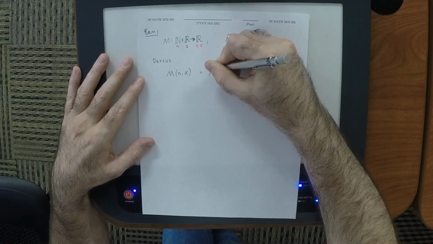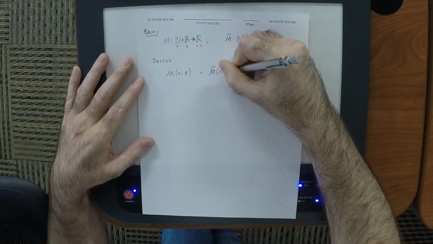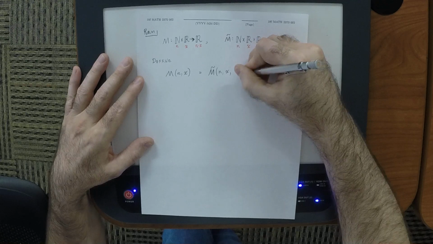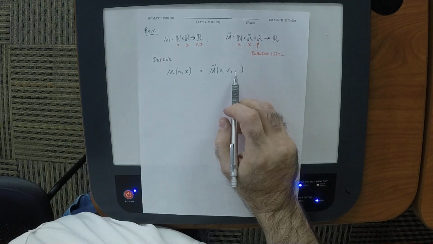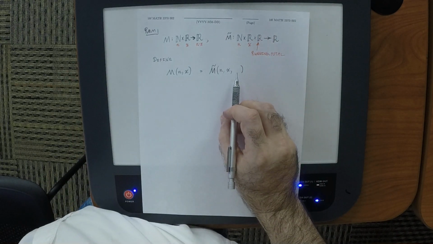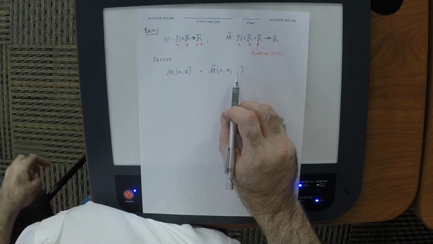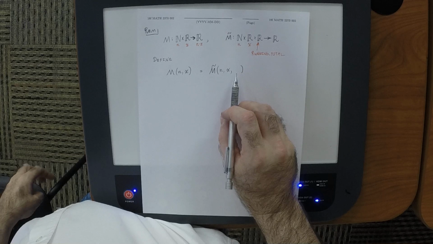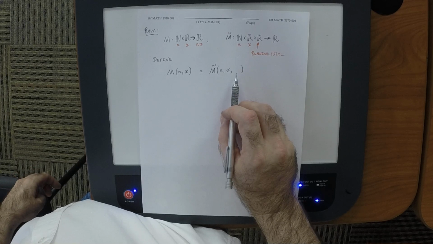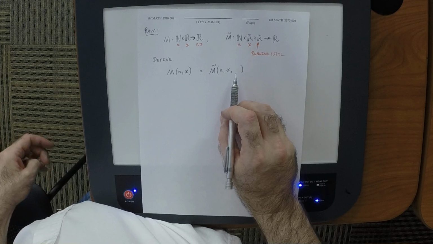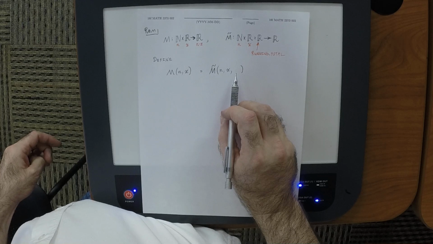Well, that's got to be m tilde evaluated somewhere. It's got to be the same n and x. And then this position in the Fibonacci thing is where we were putting the first two Fibonacci numbers, right? My question is, what do we put here? 0? Why 0?